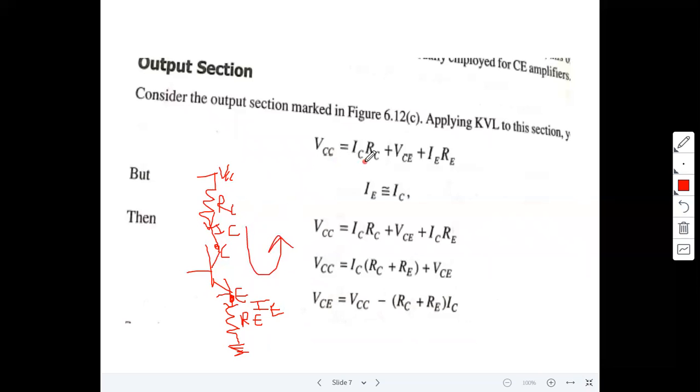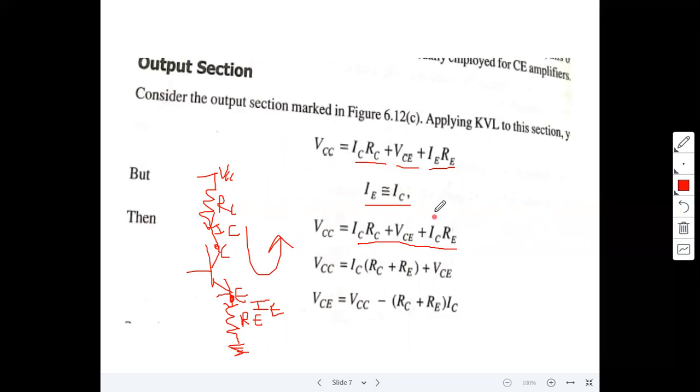VCC is equal to IC into RC plus VCE plus IE into RE. IE is approximately equal to IC. So VCC is equal to IC RC plus VCE plus IC RE.